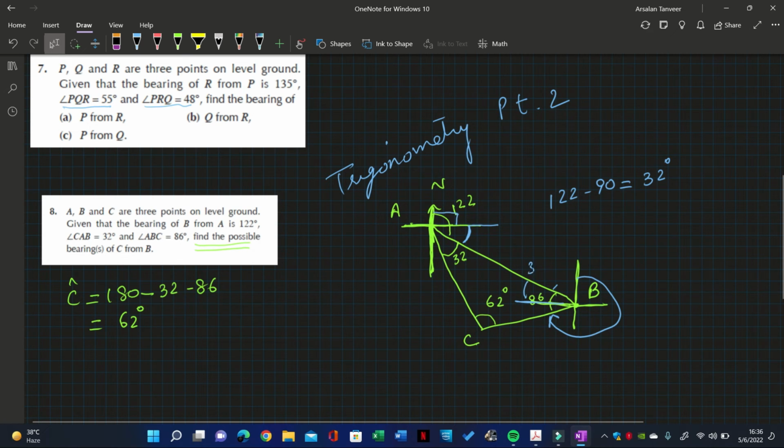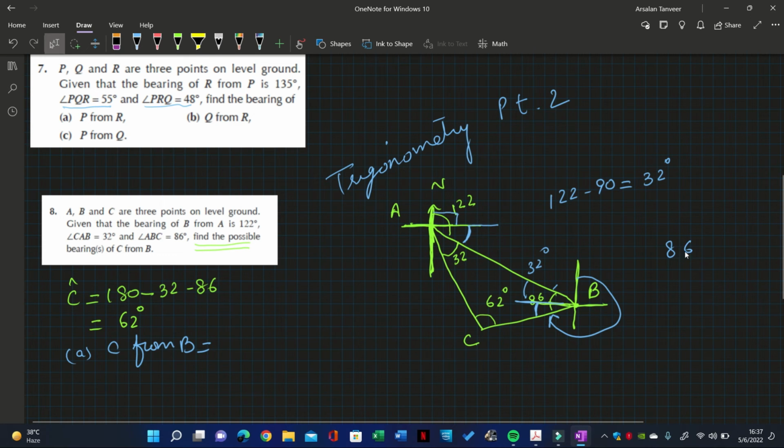Now you can find the bearing. It is the first part, means there are two possible answers, so I'm discussing the first one. Bearing of C from B is equal to, now you can follow my instruction. This is 32, add 86 and 32 to get this answer.